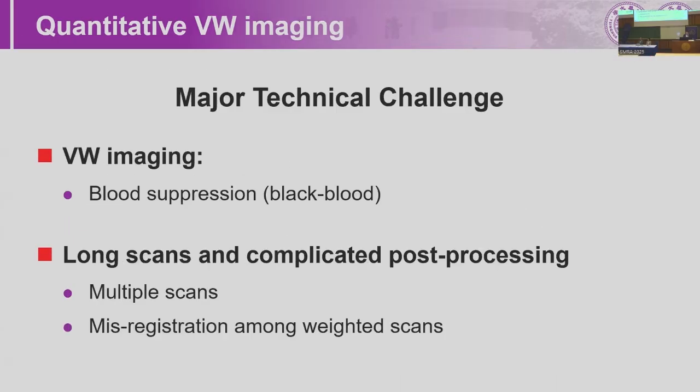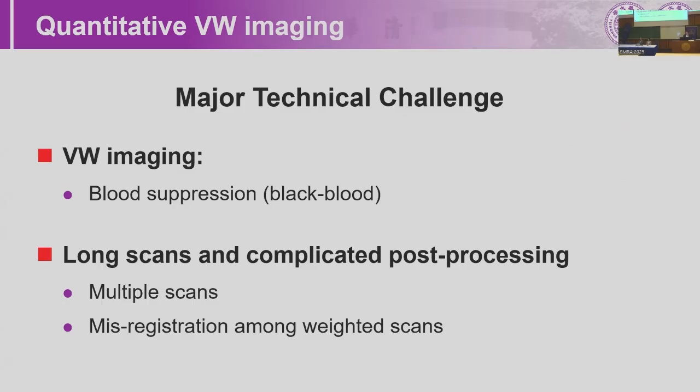But quantitative vessel wall imaging faces some technical challenges. The first is that, because we want to do vessel wall imaging, blood suppression is a key technique compared to other traditional quantitative imaging.